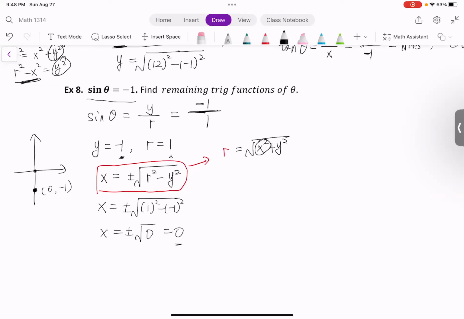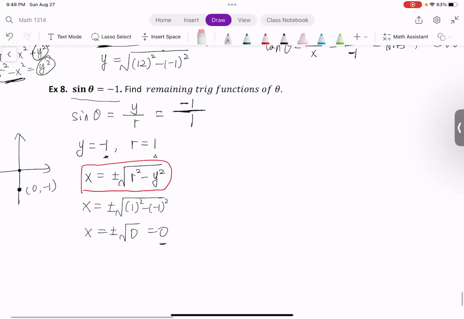All right, we have a lot of information: x, y, and r. Can we go and find the trig functions? Yes, we can. Sine theta is given as negative 1. How about cosine theta? It is x over r.